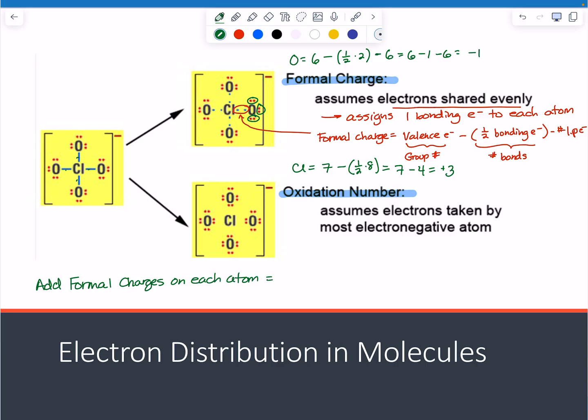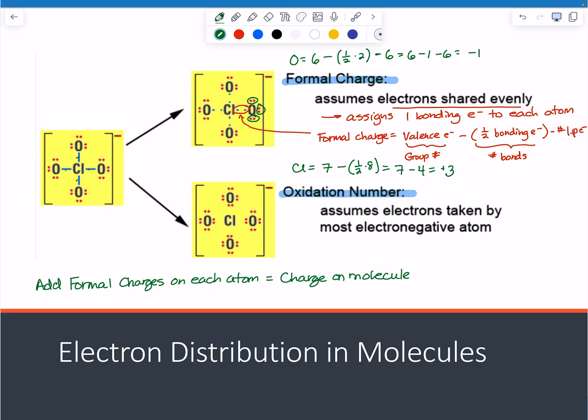That should equal the charge on the molecule, and we'll just test that. And that's how I immediately knew that I had forgotten the lone pairs in the formal charge calculation, because I knew that the oxygen had to be negative.